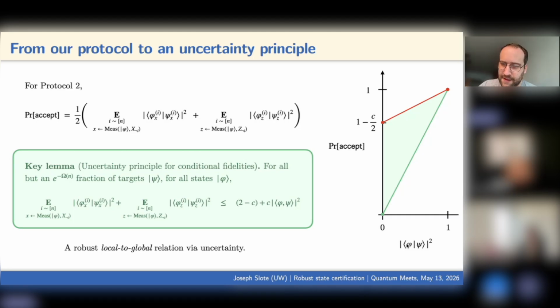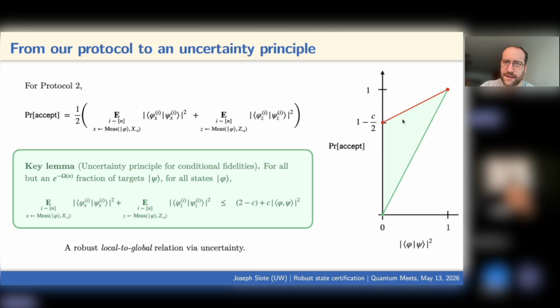Remember, phi is our lab state, and we can lower bound the probability of acceptance just by the fidelity. This is some extra argument that takes 2 lines to show. So the probability of acceptance is always at least the fidelity of phi and psi. And this uncertainty principle shows that the probability of acceptance is upper bounded by this line here, which is 1 minus c over 2.